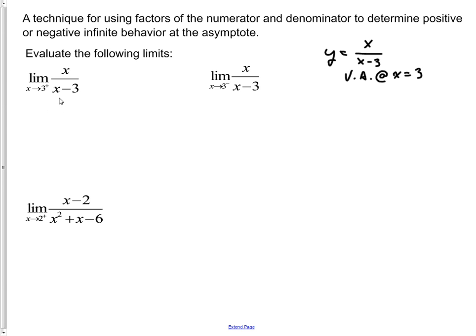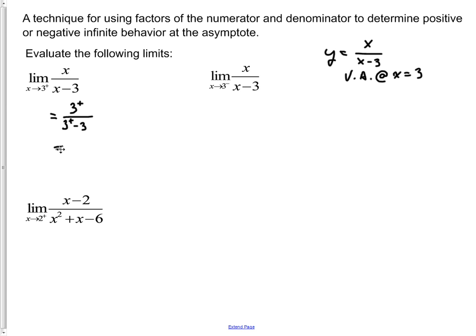So how do we examine that behavior? Again, we make our substitution. We're going to take the limit as x approaches 3, this time from the right, of x over x minus 3. So if we make our substitutions, we've got a number approaching positive 3 in the numerator, and we've got a number approaching positive 3 in the denominator, but we're subtracting 3 from that.